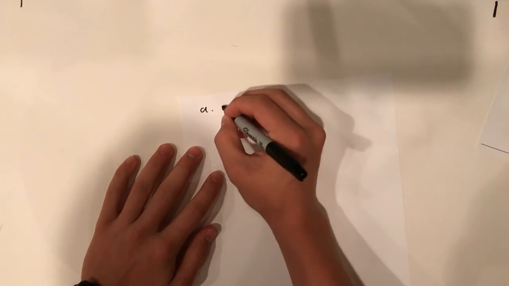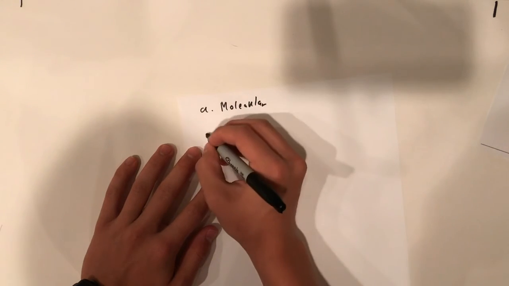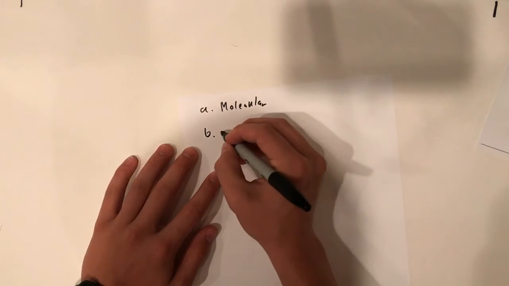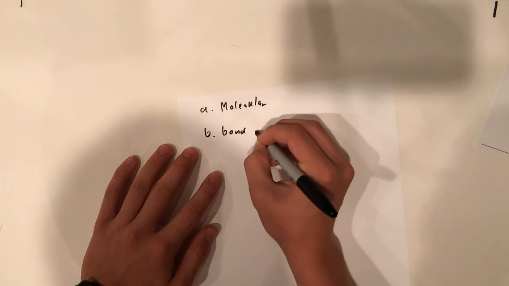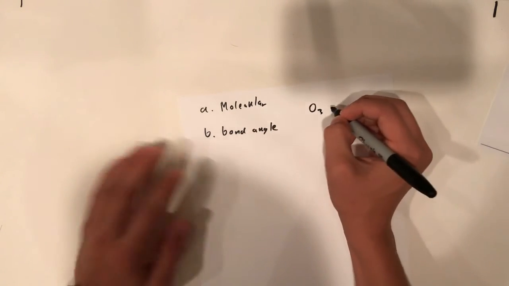So the last example that we'll do is to find A, the molecular geometry, and B, the bond angle of the molecule O3.